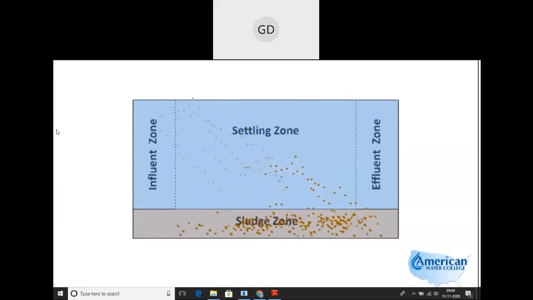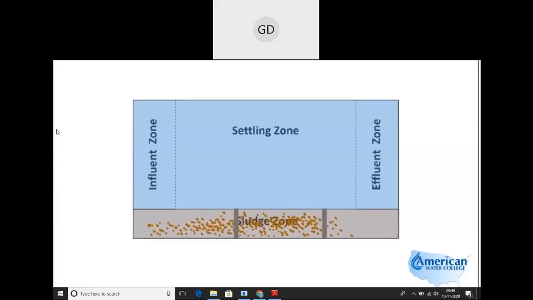These are the four main zones of a conventional sedimentation basin, whether rectangular or circular: the influent zone, the settling zone, the effluent zone, and the sludge zone. Here we can see the sludge collectors moving the sludge to the influent end of this rectangular clarifier for processing.